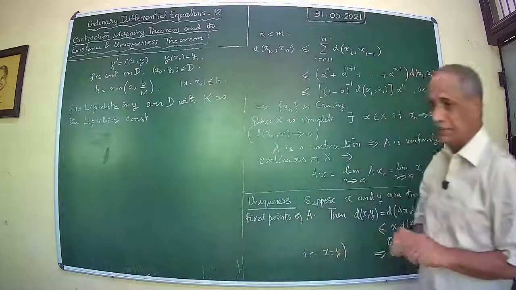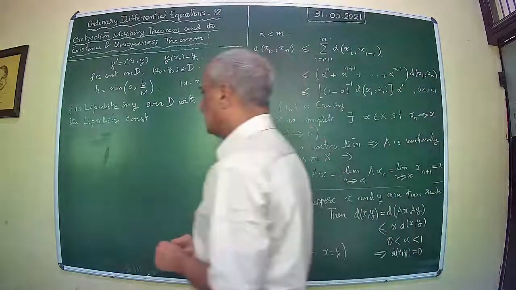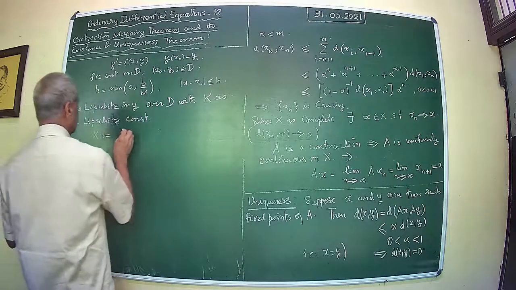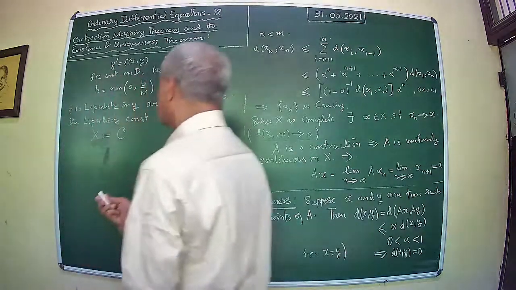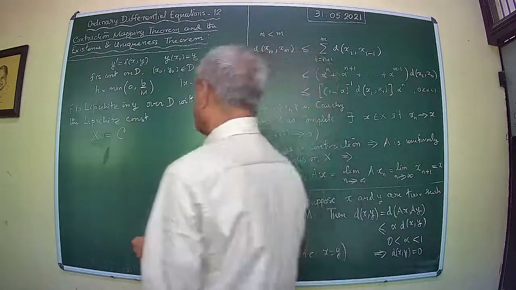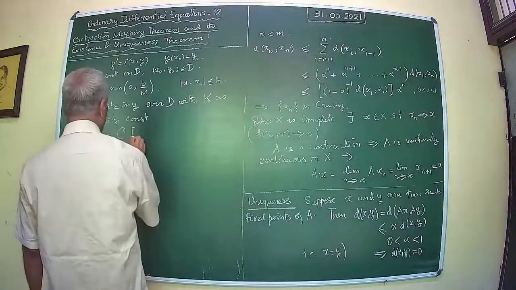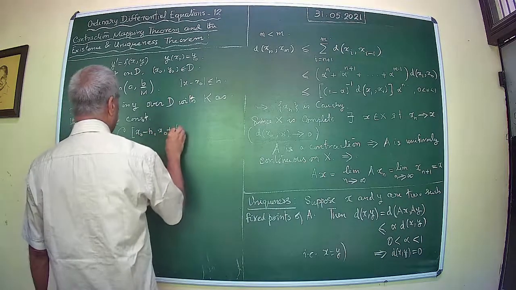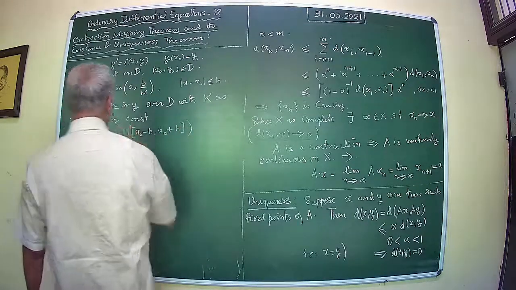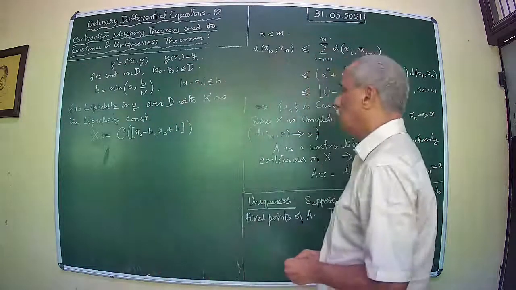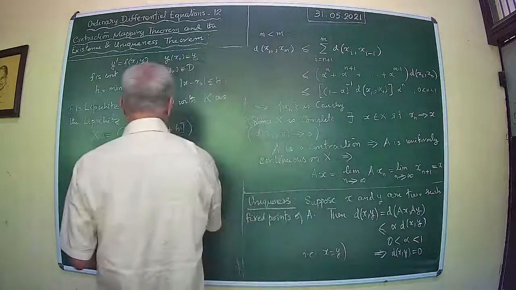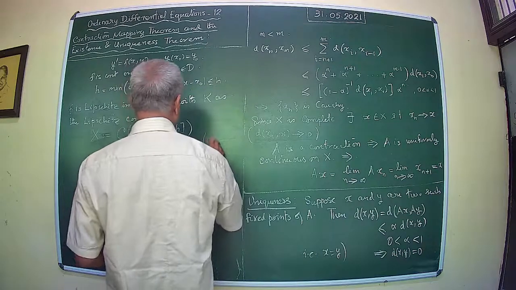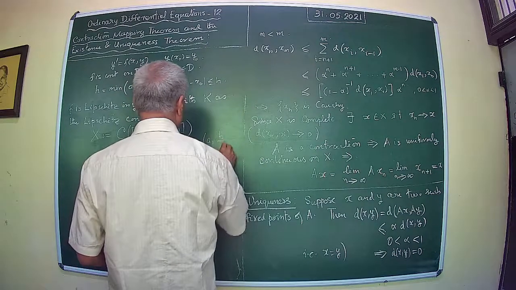Now I have to choose first the appropriate space. So let me write down X as C, where I take H to be the minimum of a, b by M and 1 by K.